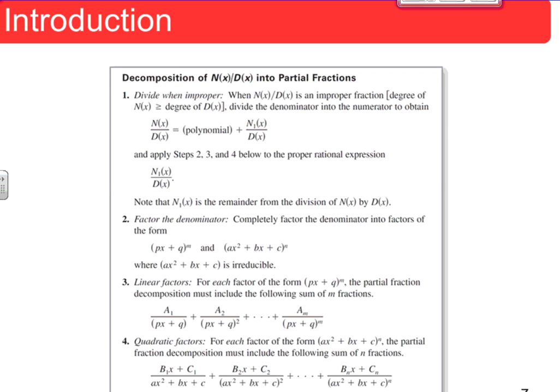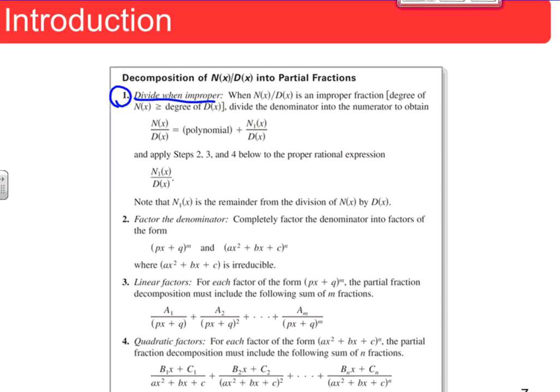Things to keep in mind: if it's an improper fraction, you have to divide it first and get that remainder that you write as a fraction. An improper fraction means the degree of the numerator is higher than the degree of the denominator, or they could be equal and you would still have to divide.